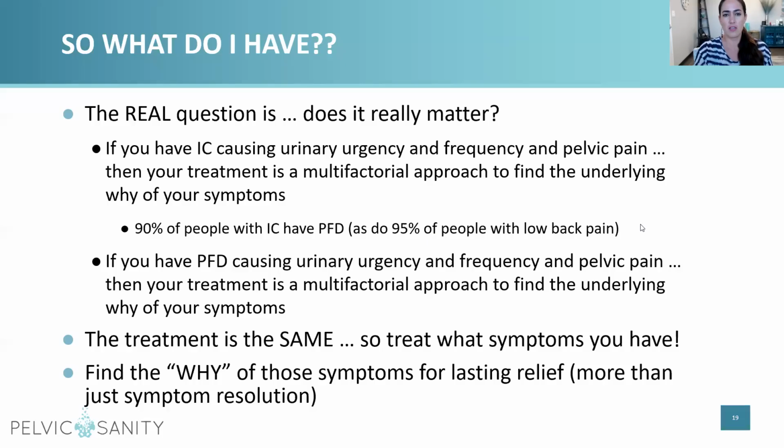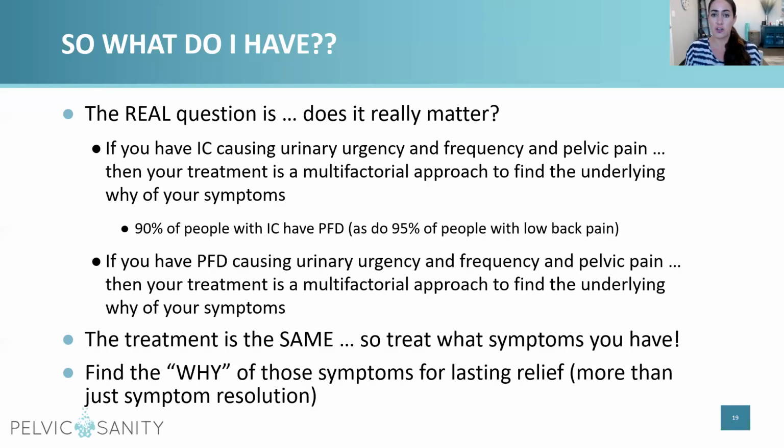So I'm hoping that this is helping you guys to sort of see that from a practitioner standpoint, I'm going to treat you individually. We're going to look at all of the contributing factors to the current symptoms that you have.